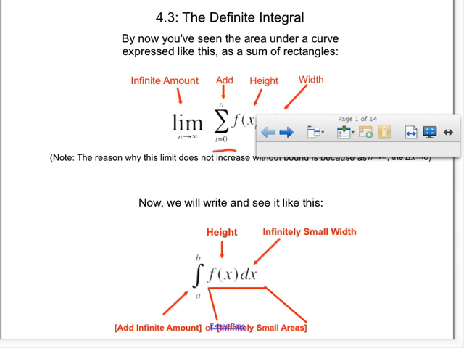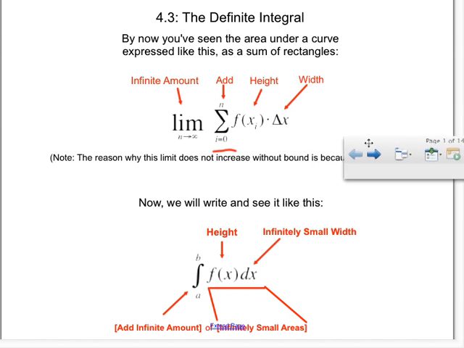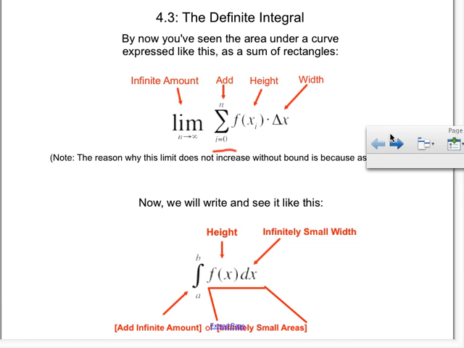What it means, or I should start with how it's pronounced. It's pronounced the definite integral from a to b of f of x dx. Okay? F of x dx. And the parts of the definite integral reflect the parts of the rectangle sum process that this came from.